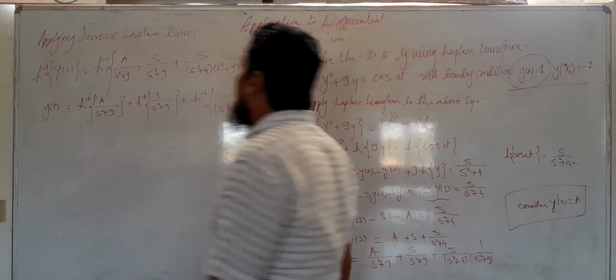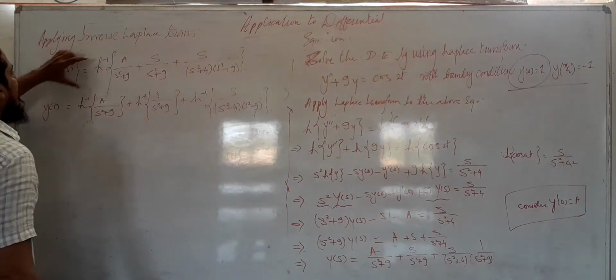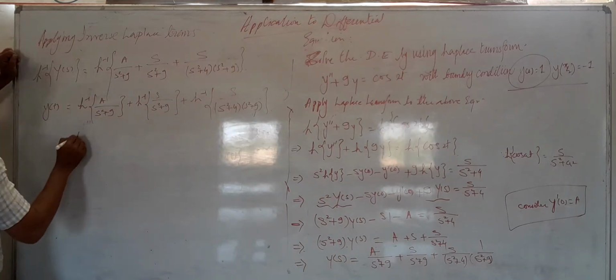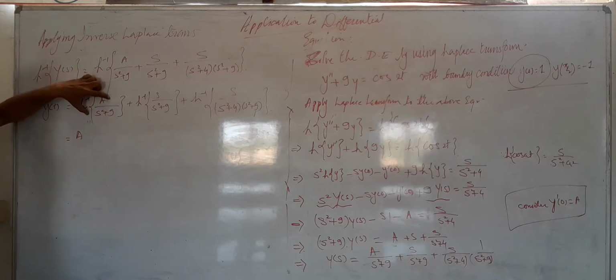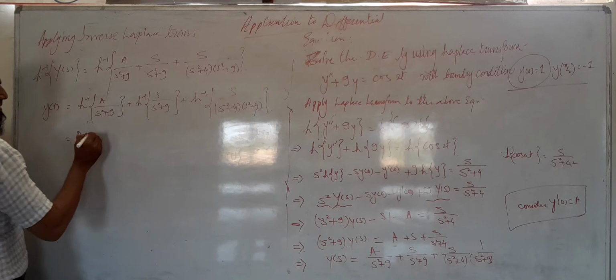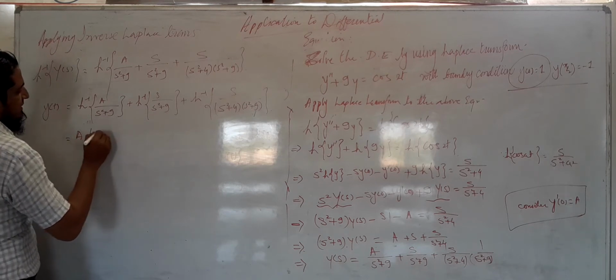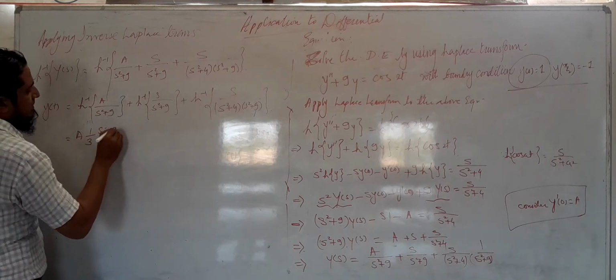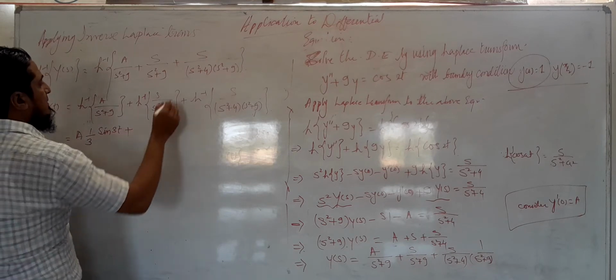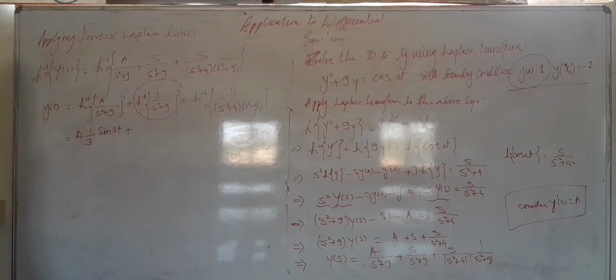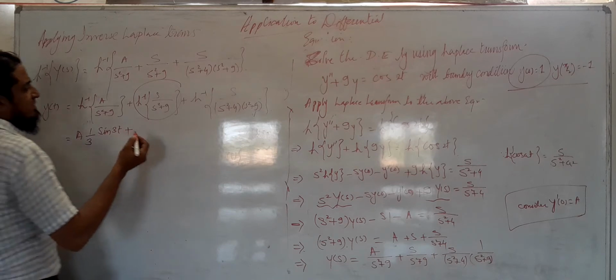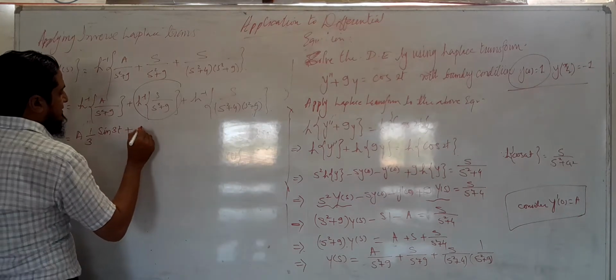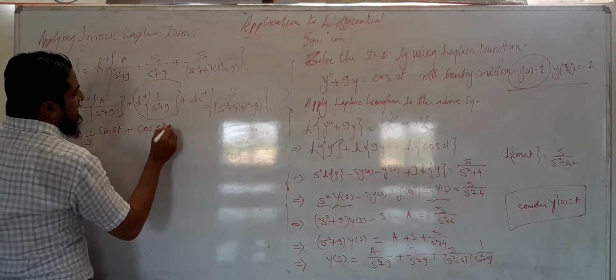Now putting this value and taking the inverse Laplace transform of this expression, we will get a times 1 upon s square plus 9, that is a upon 3 sin 3t. This is the formula: the inverse Laplace transform of s upon s square plus 9 is cos 3t.